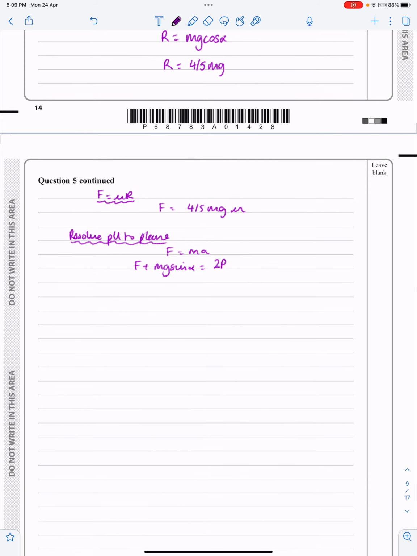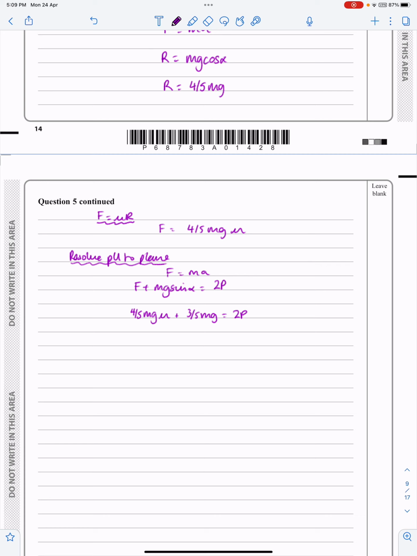Put in what I know, so 4/5 mg mu plus sine alpha is 3/5, so 3/5 mg, is equal to 2p. Handwriting absolutely dreadful there, I'll try and tidy it up.